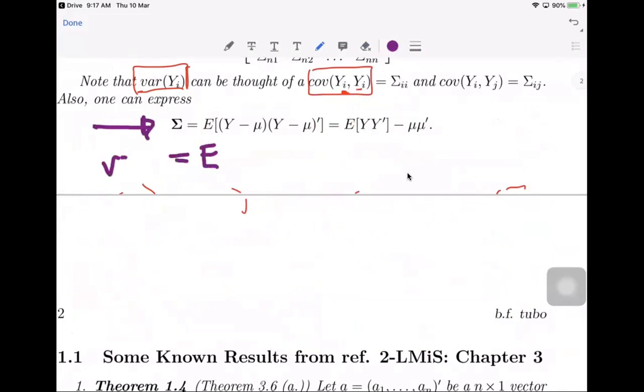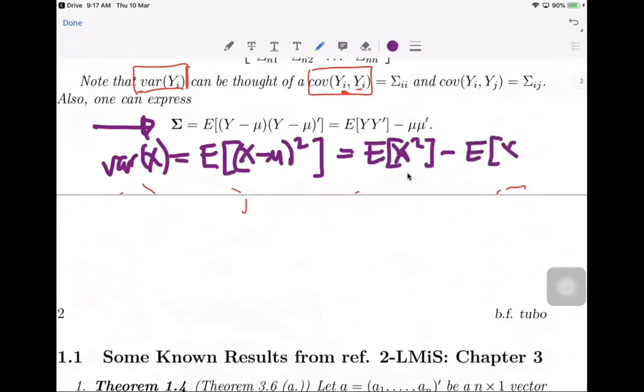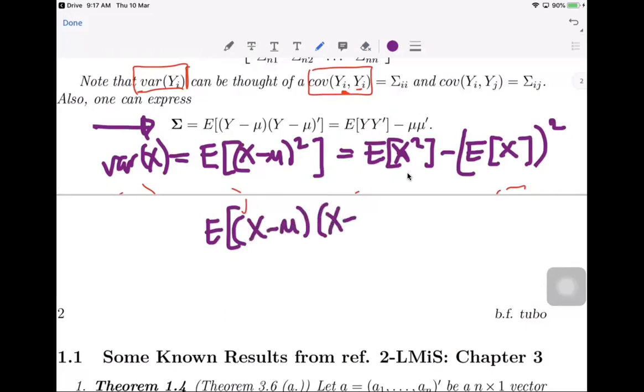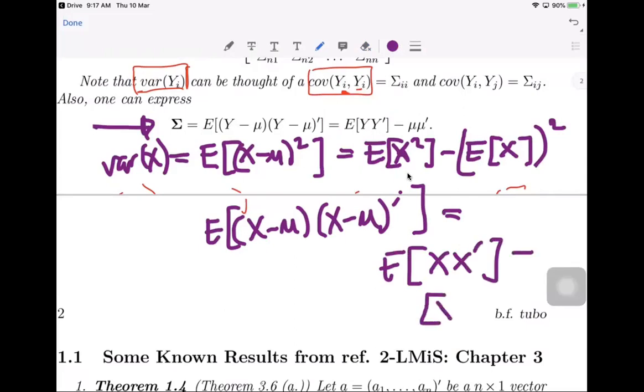If x is just univariate, this is just the expectation of x minus mu squared, which is the expectation of x squared minus the expectation of x, quantity squared. In the multivariate case, it becomes the expectation of x minus mu times x prime minus mu prime, and this part will be the expectation of x x prime minus the expectation of x times the expectation of x prime, or mu mu prime. Okay.